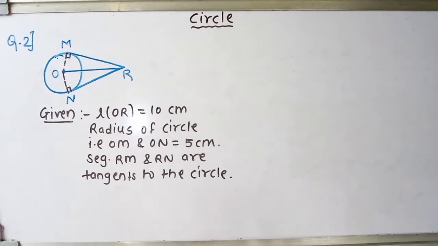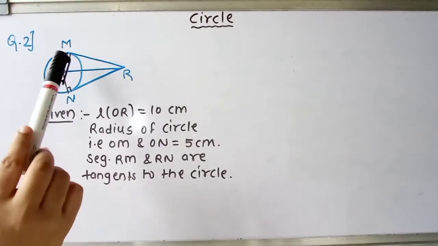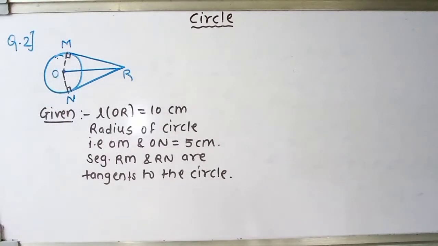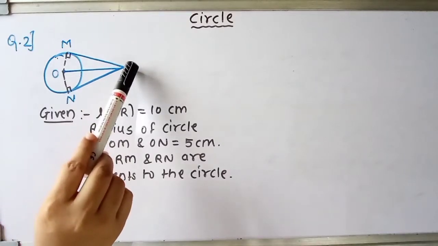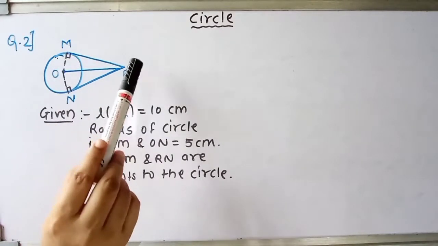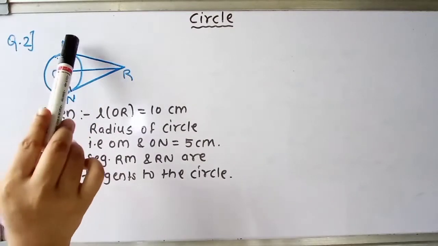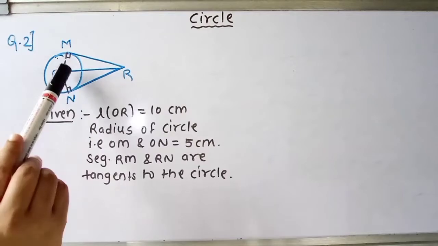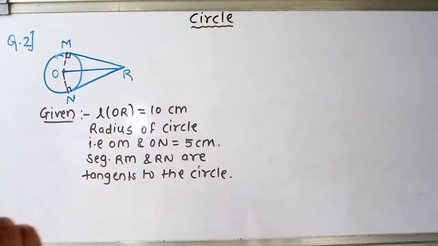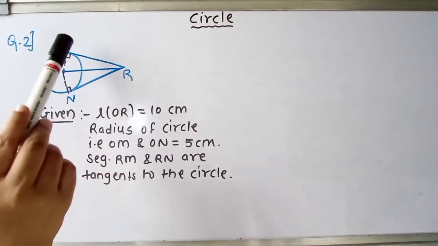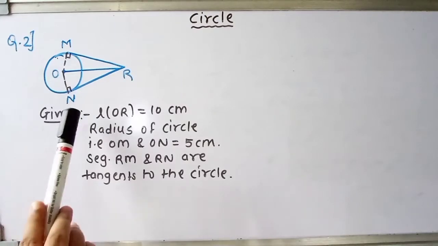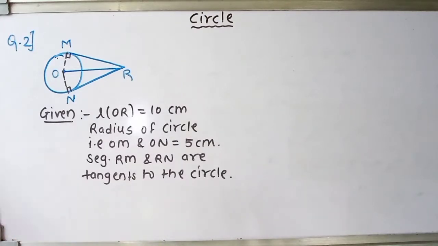Now we'll see the second question. In the adjoining figure, O is the center of the circle. See this figure, O is the center of the circle. From point R, segment RM and segment RN are tangent segments touching the circle at M and N. If OR is equal to 10 centimeters and the radius of the circle is equal to 5 centimeters, then what is the length of each tangent segment?